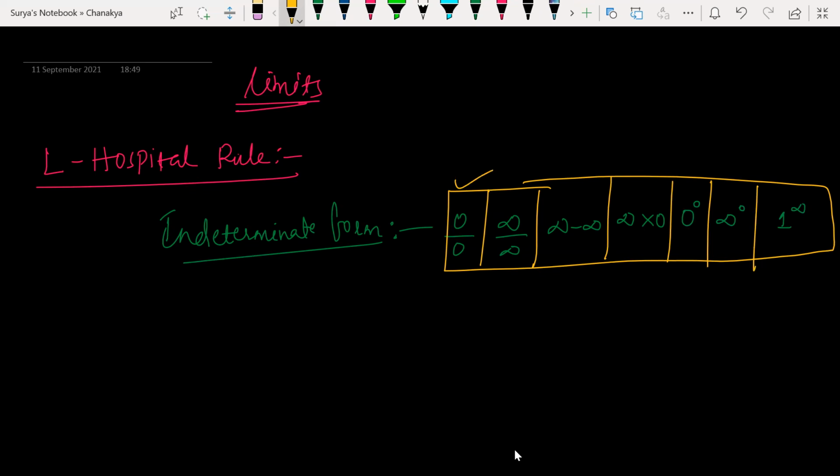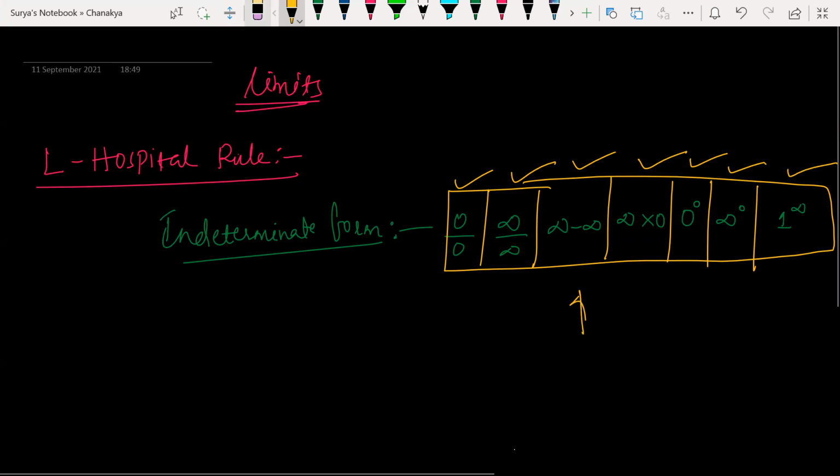Yes or no? 0 by 0 is an indeterminate form, infinite by infinite, infinite minus infinite, infinite into 0, 0 to the power of 0, and infinite to the power of 0 are also indeterminate forms.